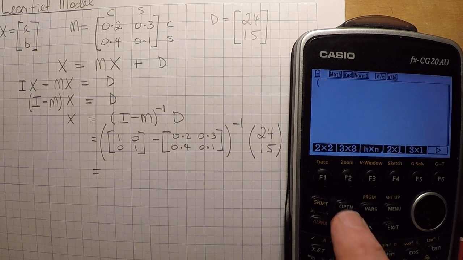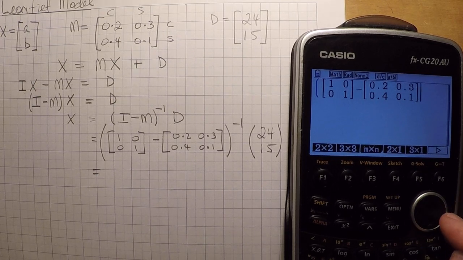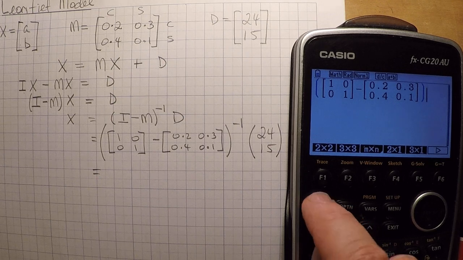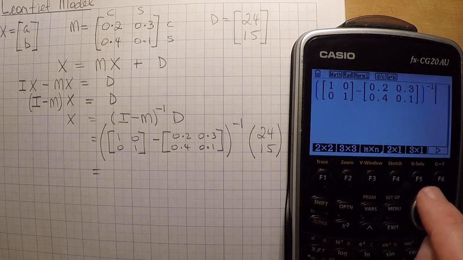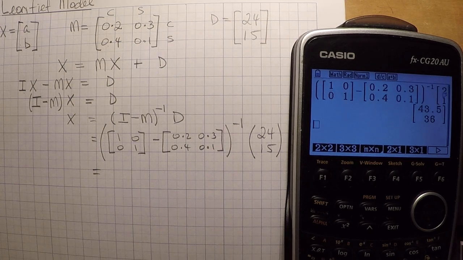Start with some matrices. I'll need a 2 by 2 matrix. Subtract the consumption matrix. Now close the brackets, do the inverse, and now multiply by the demand, which is the vector 24, 15.